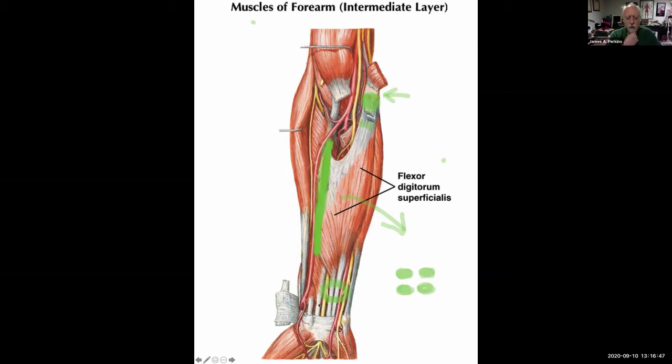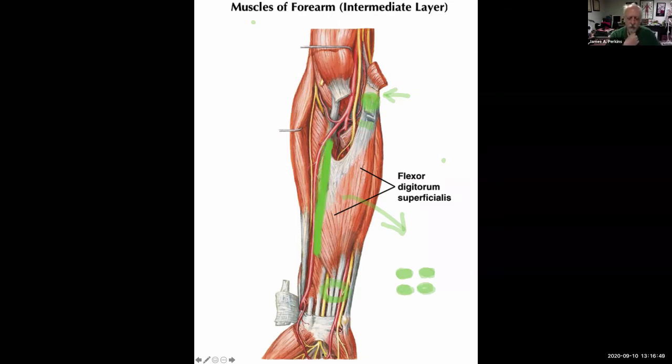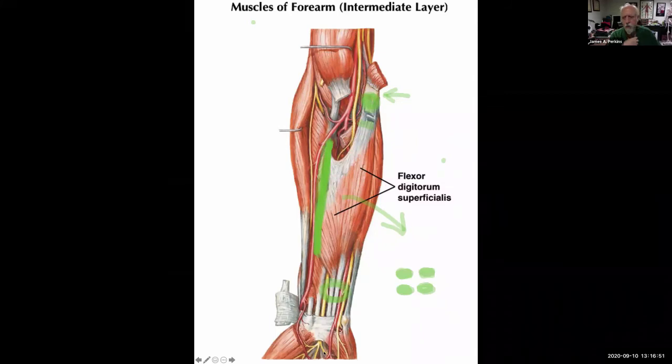These tendons cross the wrist. They actually pass through a space known as the carpal tunnel that you may have heard of before. And eventually they pass into the hand, and they're going to continue all the way out to insert on the middle phalanx.